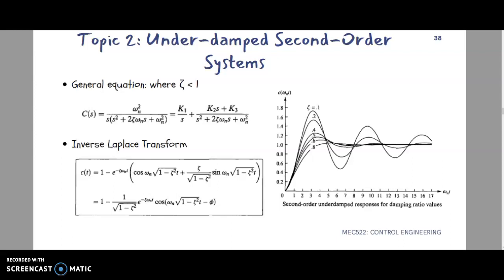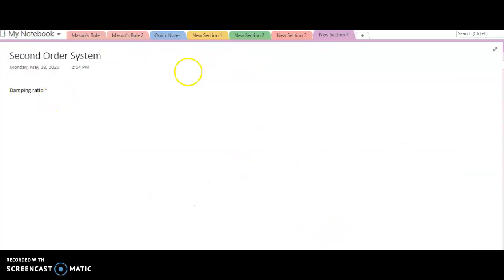Okay, so now we still focus on chapter 2, second order system. In this case, we only focus on the underdamped case, so you must know what underdamped is. First, we know the criteria for the damping ratio: the ratio between 0 and 1.